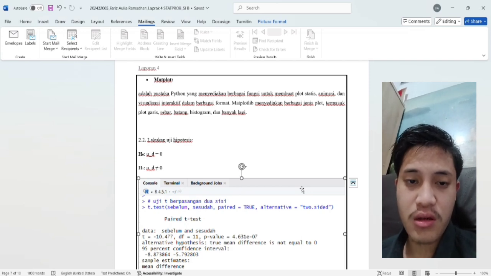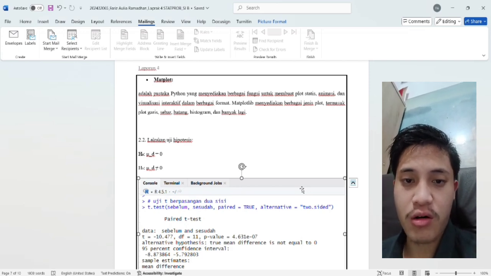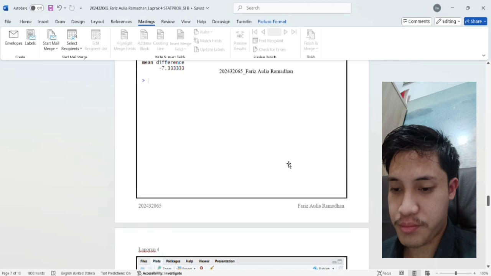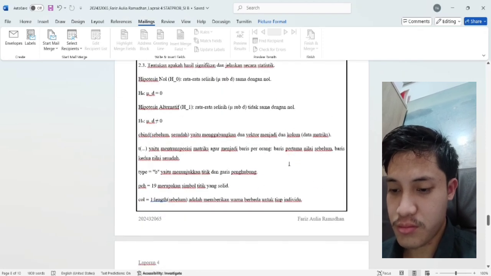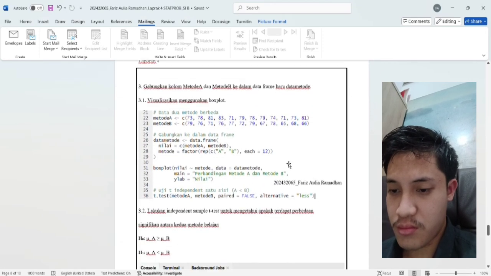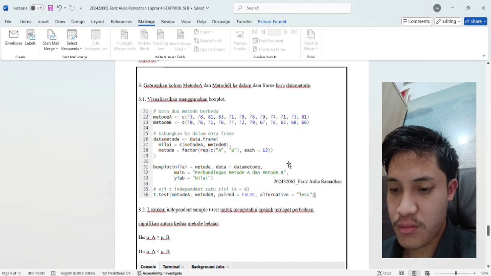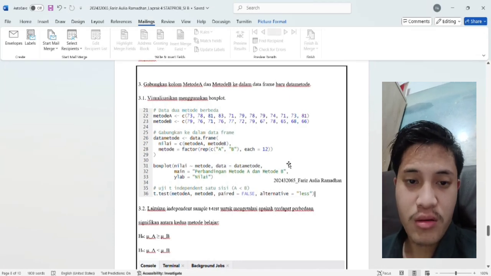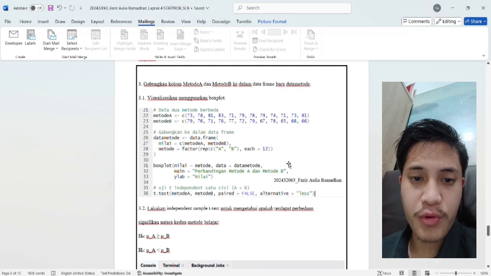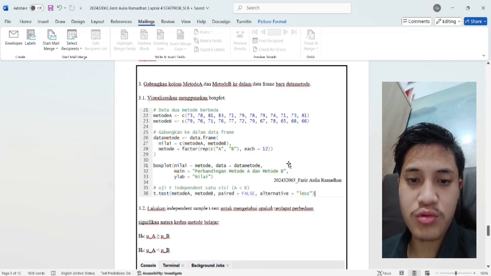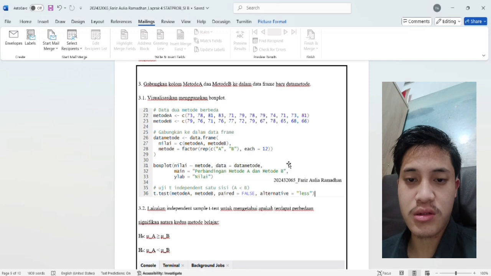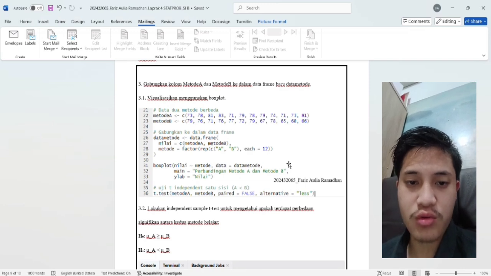Number three, combine the columns method A and method B into a new data frame, data method. 3.1, visualize using a box plot. 3.2, perform an independent sample t-test to determine whether there is a significant difference between the two learning methods.